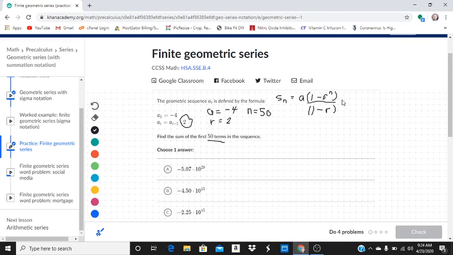So I'm going to plug those in: -4 times 1 minus 2 raised to the 50th power, over 1 minus 2.